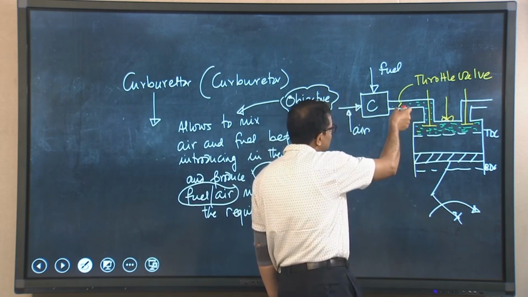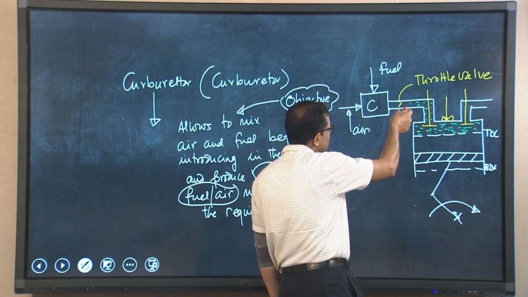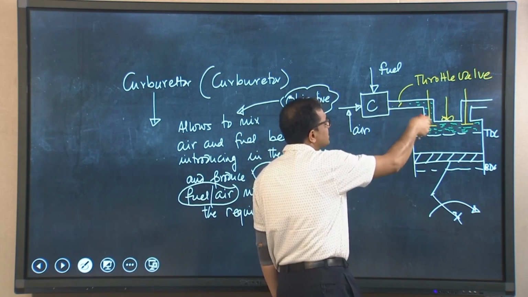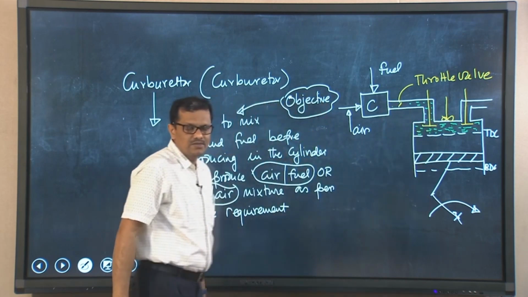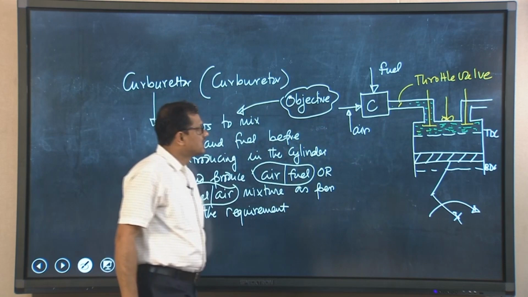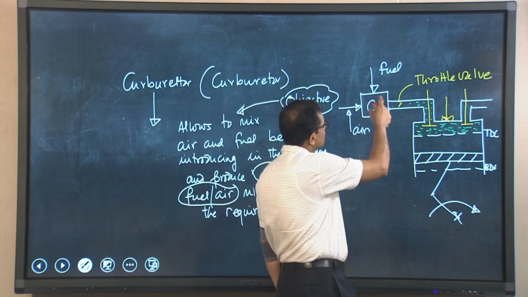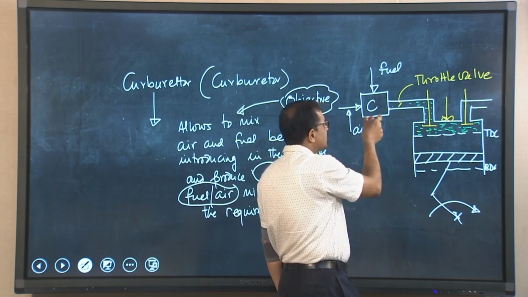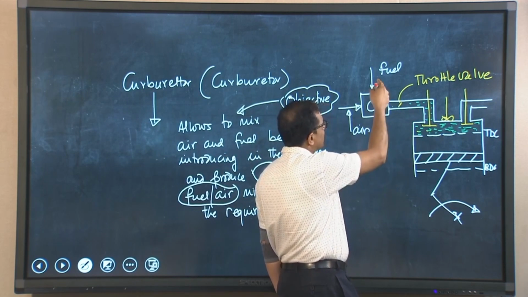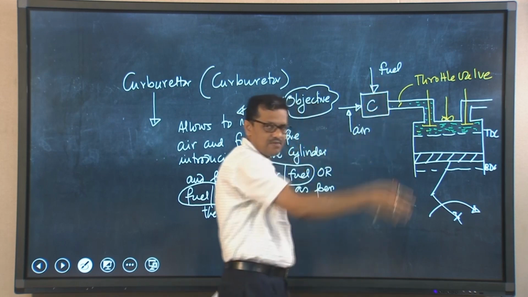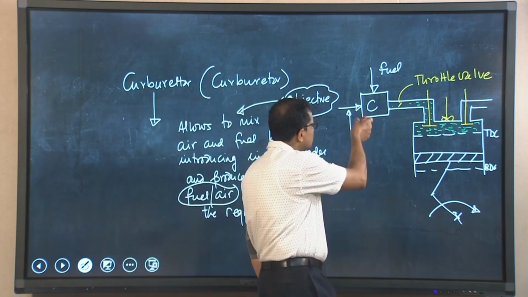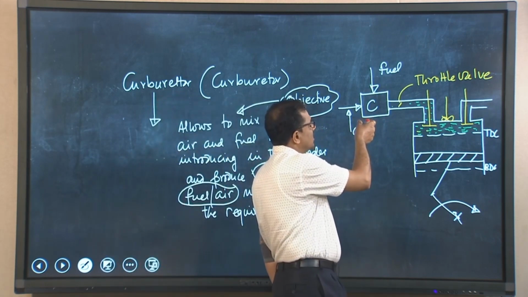When upstream pressure becomes higher than the downstream pressure of the throttle valve, this fuel air mixture comes from the carburetor into the cylinder. The fuel will come from the fuel path, supplied by a fuel pump or any pressurizing system, while air should be taken from surroundings.